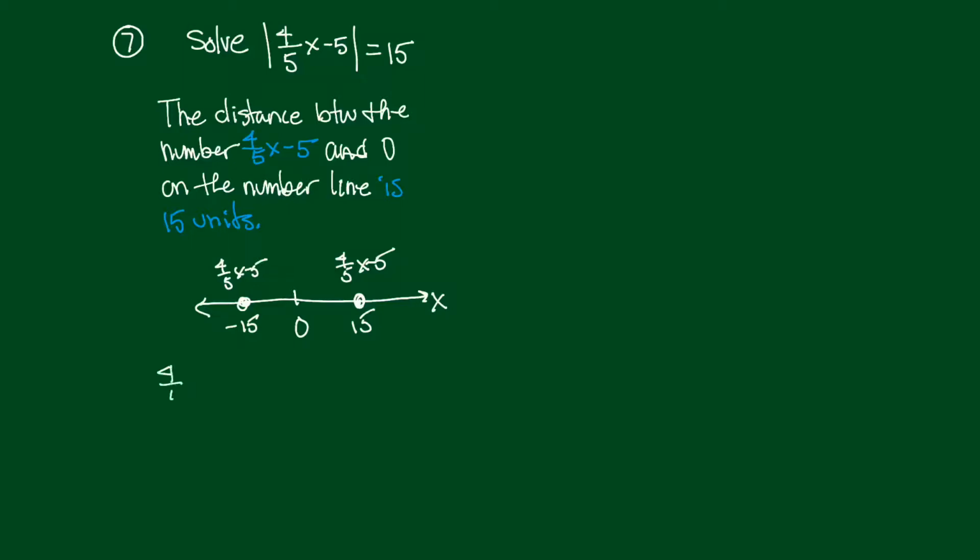That gives us that 4/5 x minus 5 is the same as negative 15. And this expression here and 15 represent the same point. So I get this equation. So 4/5 x minus 5 could be positive 15. Let's get ourselves a little bit more room. I'm going to take this set of equations, move it up here so I have a little bit more room.